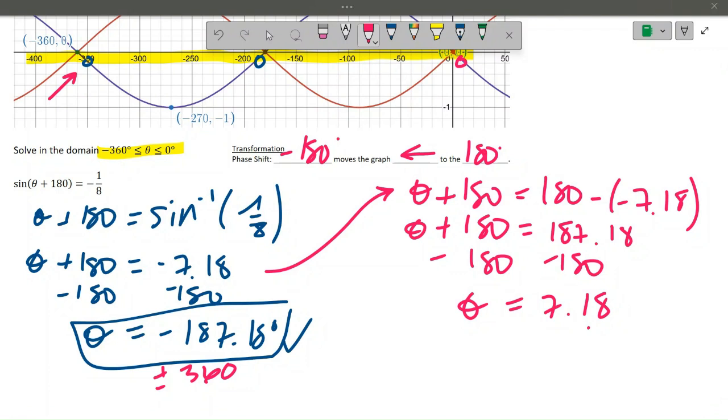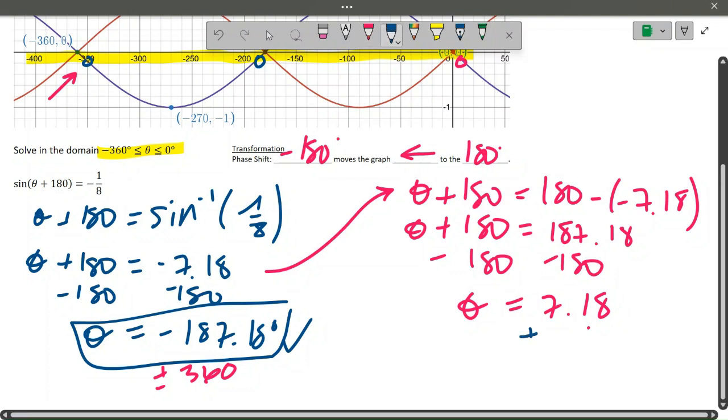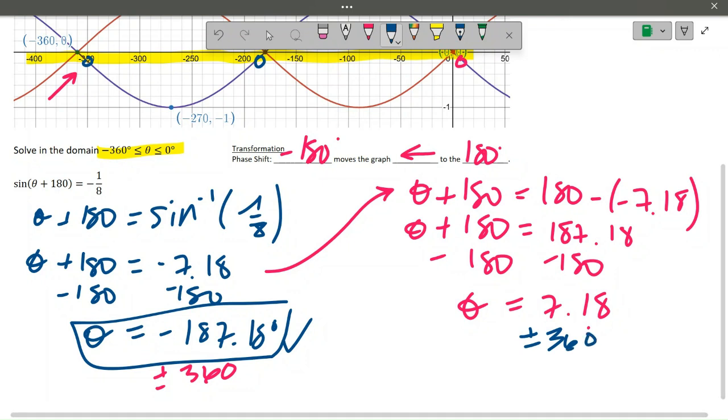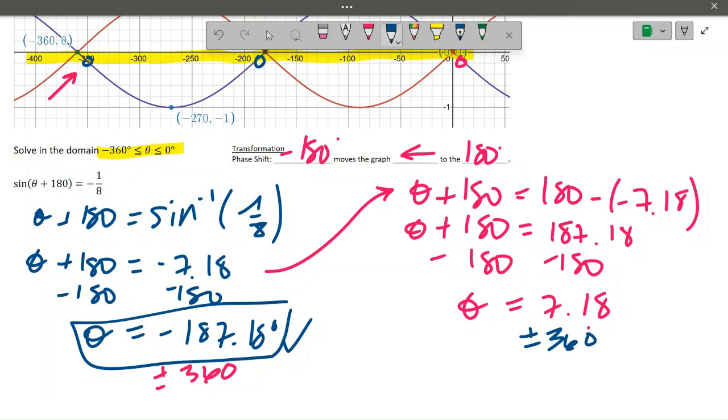So we are going to apply our property. So we are going to think about, can we find a solution within our domain if we add or subtract 360 degrees? Well, if we add 360 degrees, we're already outside of our domain with positive 7.18. So we can't do that, but we can certainly subtract 360 degrees.